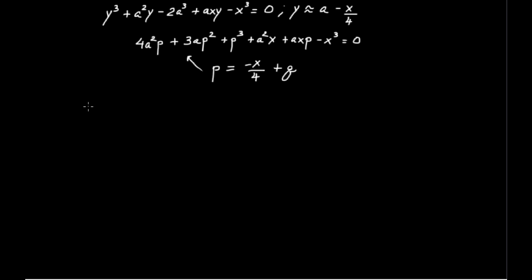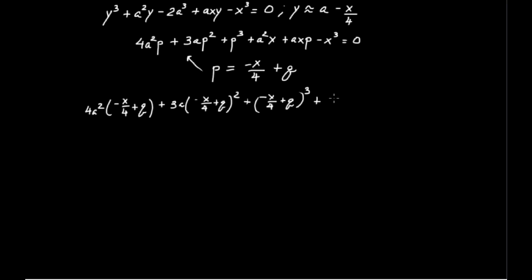So substituting, I get 4a squared times minus x over 4 plus q, plus 3a times minus x over 4 plus q squared, plus minus x over 4 plus q cubed, plus a squared x plus ax times minus x over 4 plus q. And then I have minus x cubed, still equal to 0.